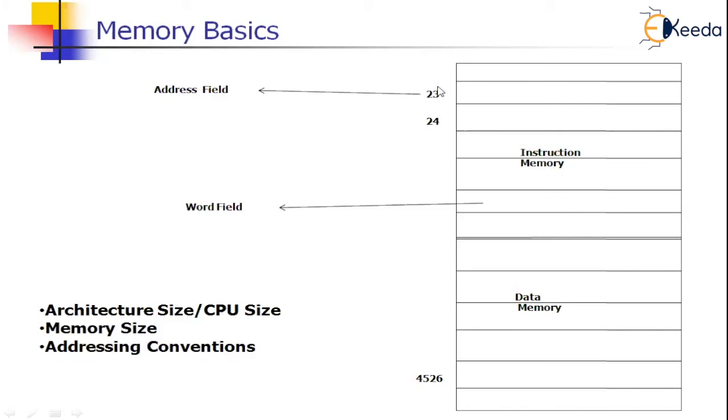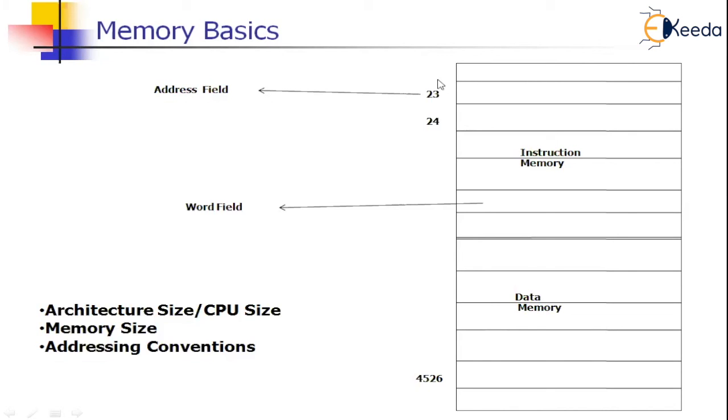When an instruction is going to get executed, it is going to call its data operand from the data memory, right? So the 23rd instruction will have a data operand, which is available in the data memory. It will be called. When the 24th instruction is getting executed, it is going to call its data operand from the data memory.